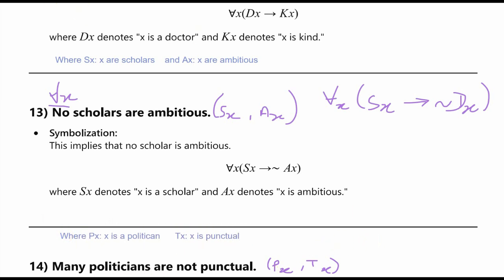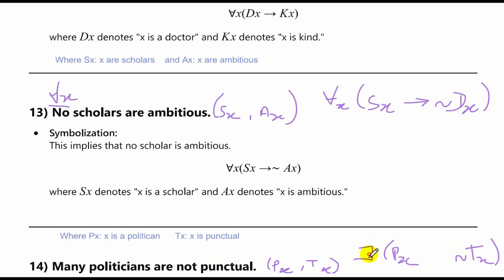But when we are solving it, we write Px, Tx, and then we negate this, not punctual, because it's not punctual. Now many does not mean all, it means some politicians are not punctual.